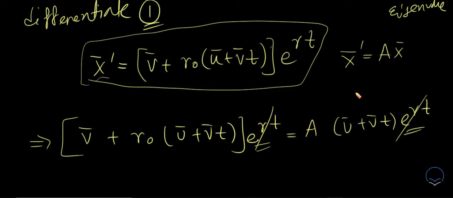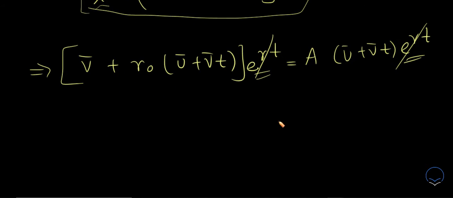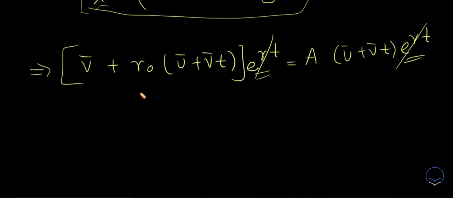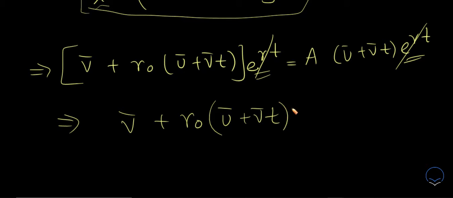Finally, what we will be left with is v bar plus r times u bar plus v bar t.